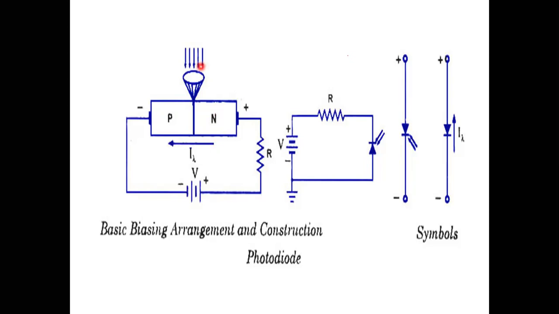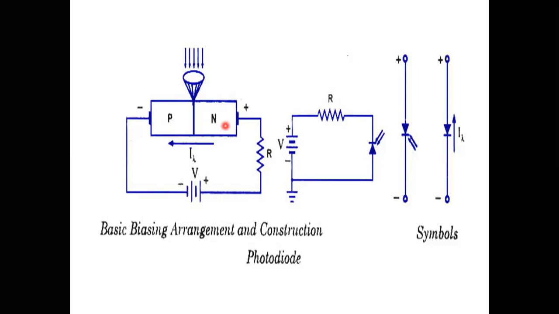But when the light is incident on this junction, the photons will collide with the atoms of silicon such that the valence electrons take energy from these photons, and these electrons will break the bond and come outside of the bond so that they become free electrons. The more the incident light, the more bonds break in the PN junction.